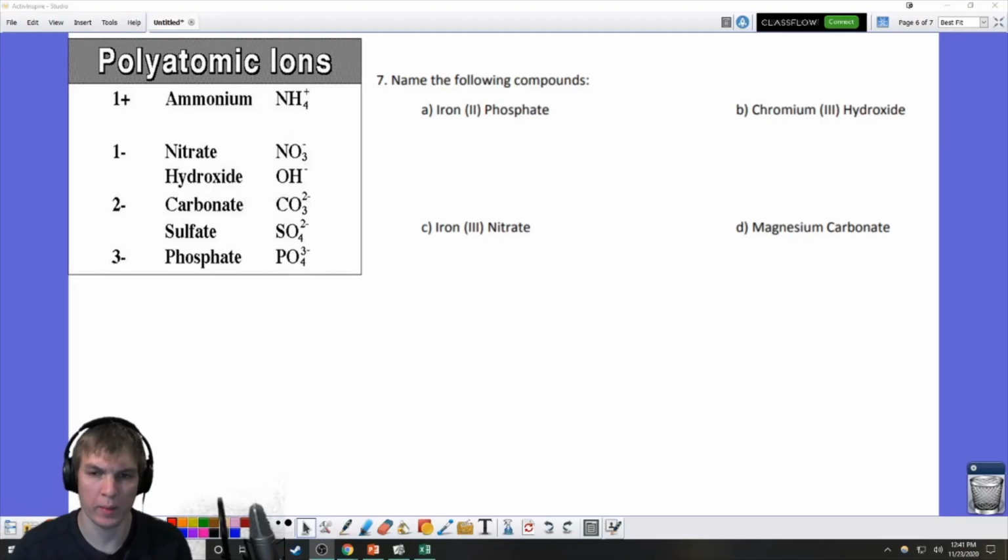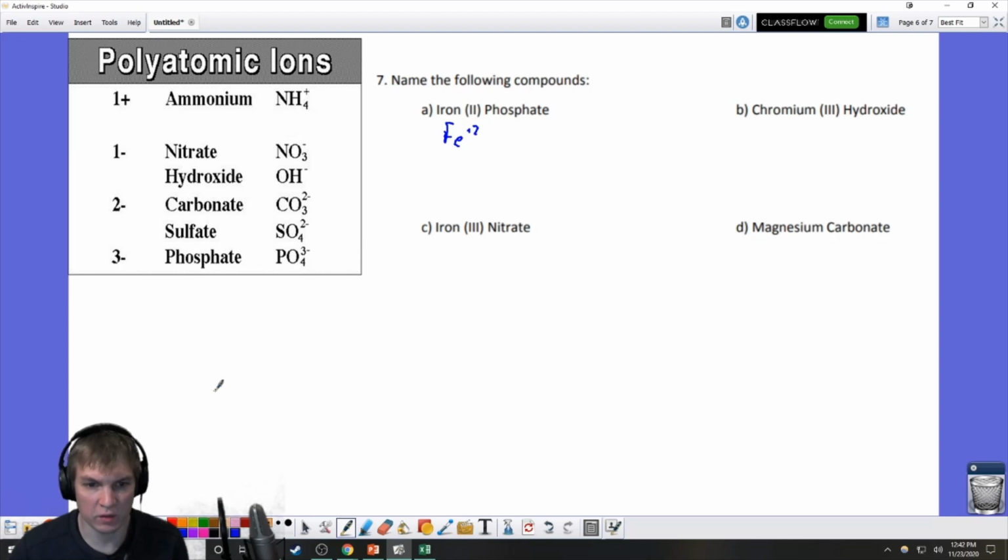All right, practice problem number 7. We're going to name the following compounds using a couple of transition metals, but the big focus here is on polyatomic ions. So let's start with 7A, iron 2, so iron here has a +2 charge. So we have an Fe, and that's going to be a +2 charge.